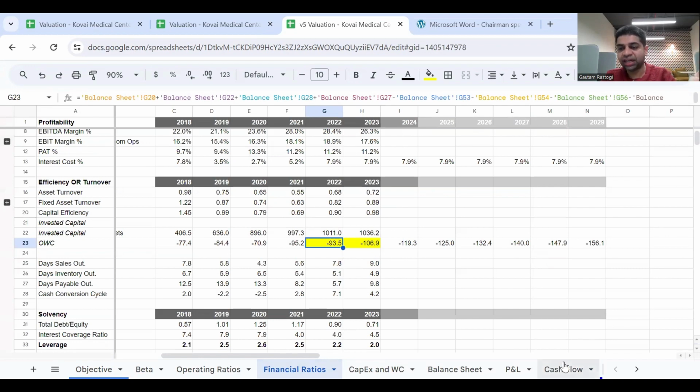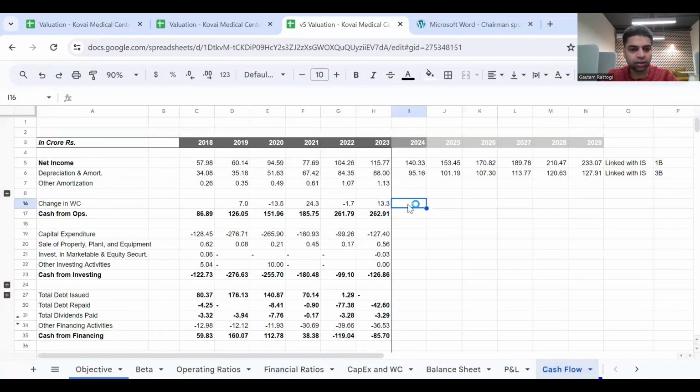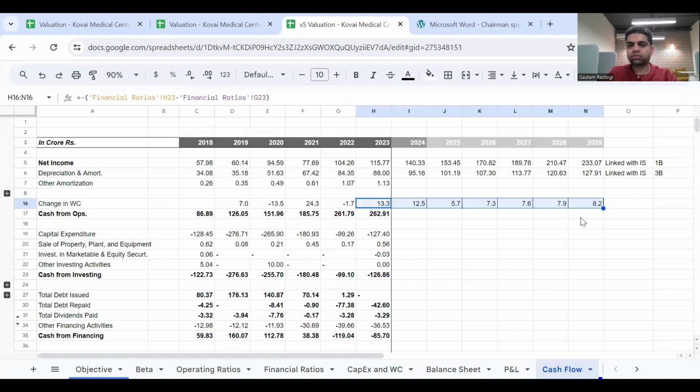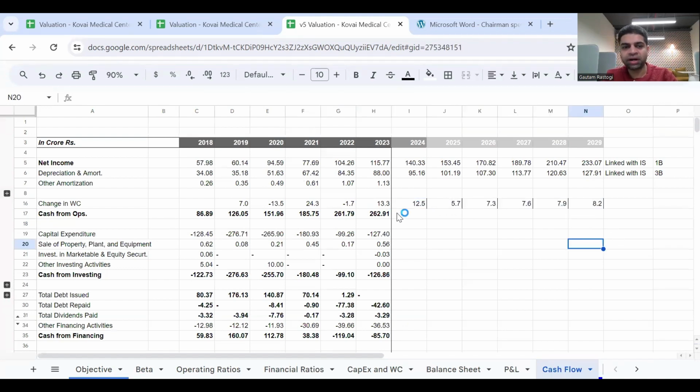And then we have put a negative sign because, as I said, this is netted off from your cash. So see, that's the reason why.